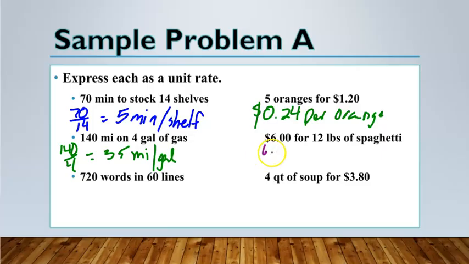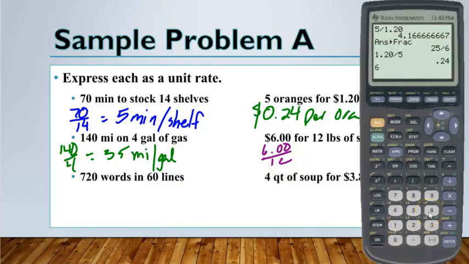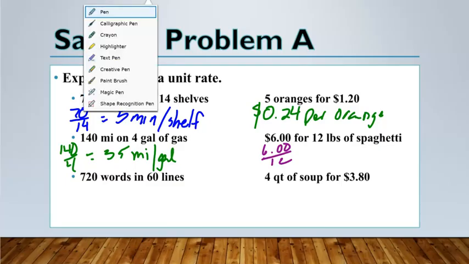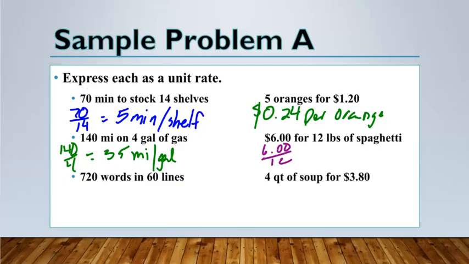So if we did 6 divided by 12, we'll grab our calculator very quickly. 6 divided by 12 should be 1/2, which would be half, or 50 cents. So this would be 50 cents per pound.